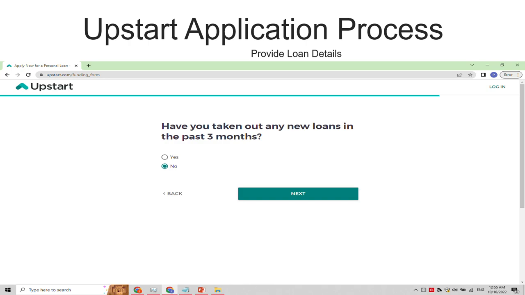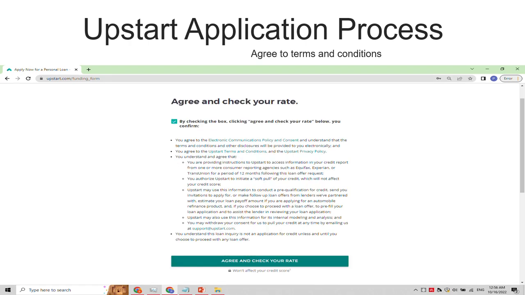Then it also asks if we have taken a loan or something in the last 3 months or not. Depending on the answer, the options change. Finally, we just have to agree to the terms and conditions and check the rate. As the Upstart AI lending platform mentions in the beginning, it takes less than 5 minutes to input the information and get the rates.